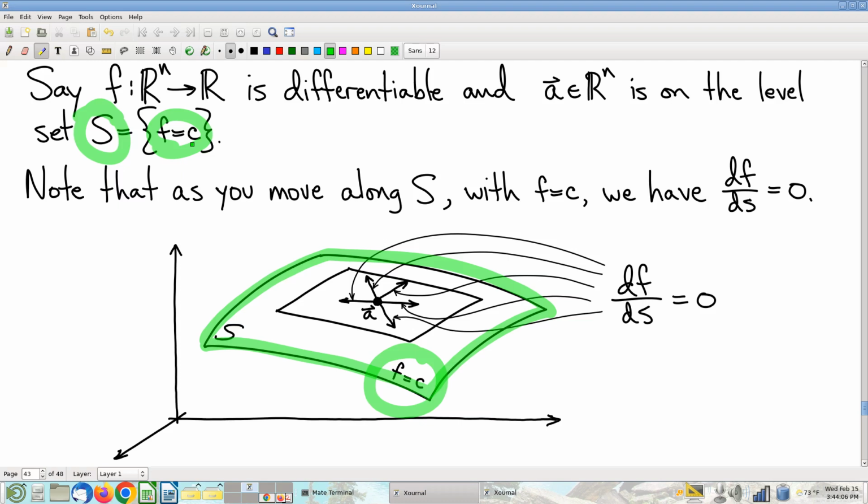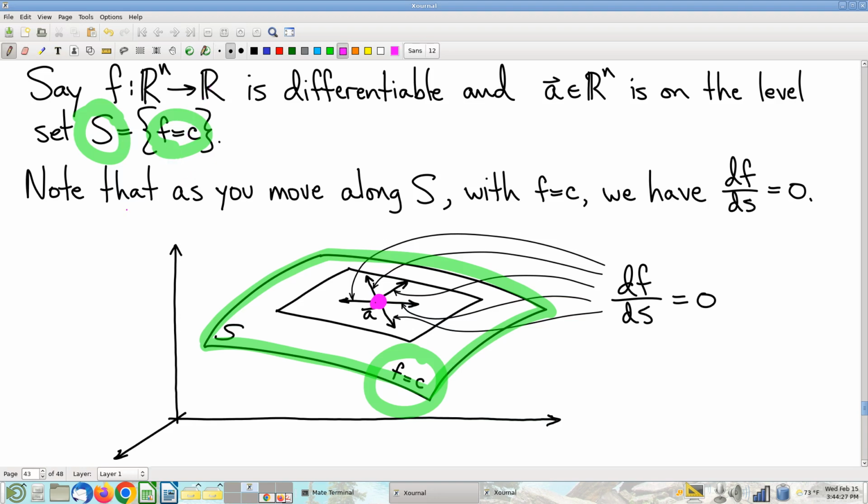Every point on this surface, f is always equal to the same value, c. So what's the value of f at this point on the surface? Well, it's on the surface, so the value of f is c.